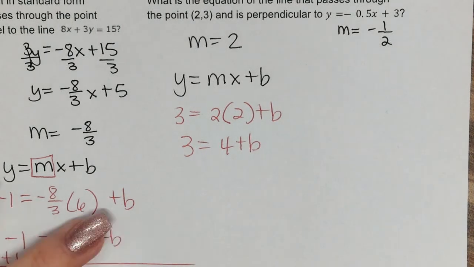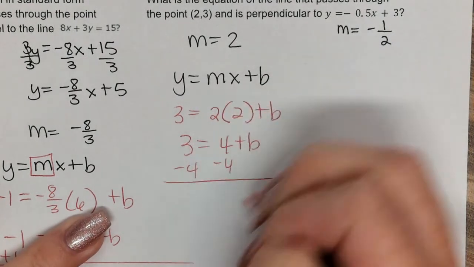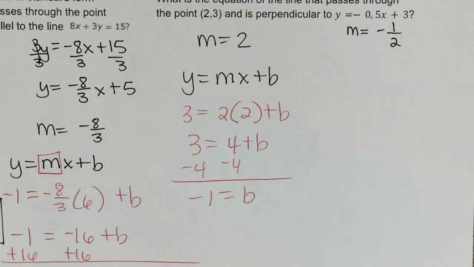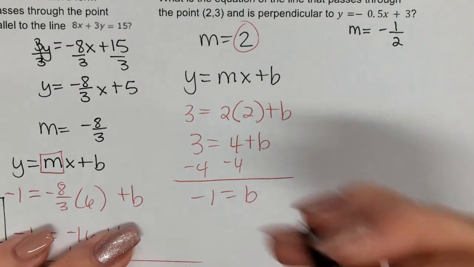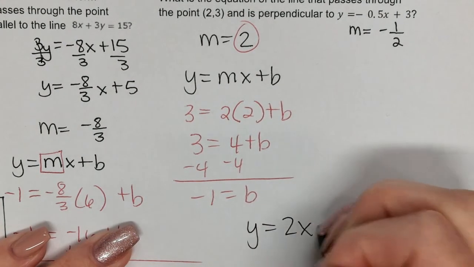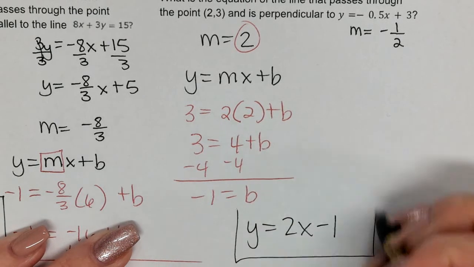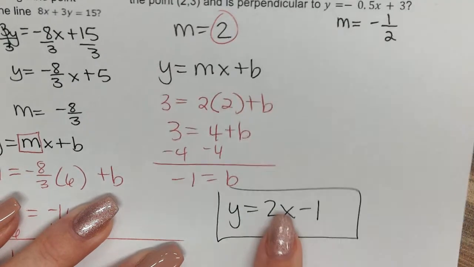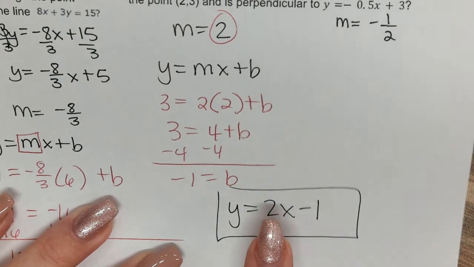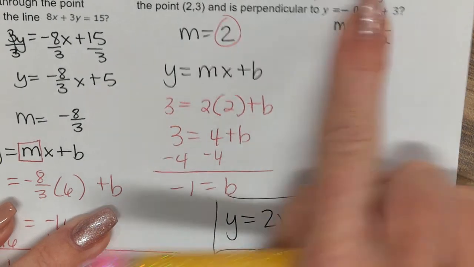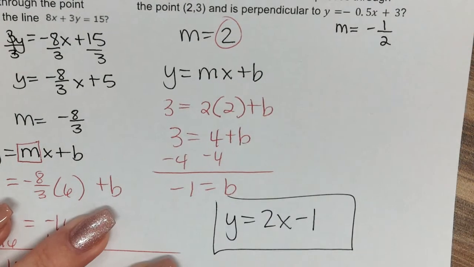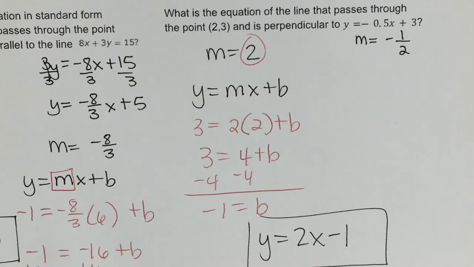How do I get rid of 4? So negative 1 is the y-intercept. What's my slope of my new line? 2. So my equation would be y equals 2x minus 1. And what that's telling me is this equation is perpendicular to this equation. And it passes through 2, 3. Easy? Okay, flip to the back.